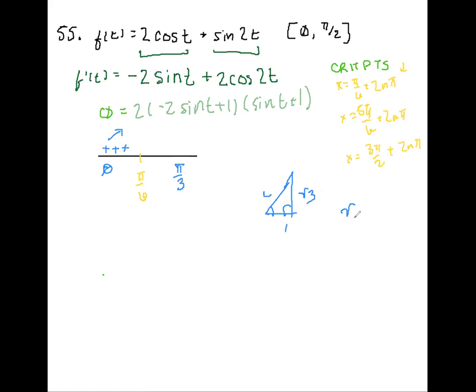So it is root 3 over 2, which is positive. So we're going to end up with minus root 3 plus 1. And root 3 is larger than 1, so this is going to be negative. So positive times a negative. And then this is going to be a positive because it's going to be root 3 over 2 plus 1, so positive. So this is going to be negative.